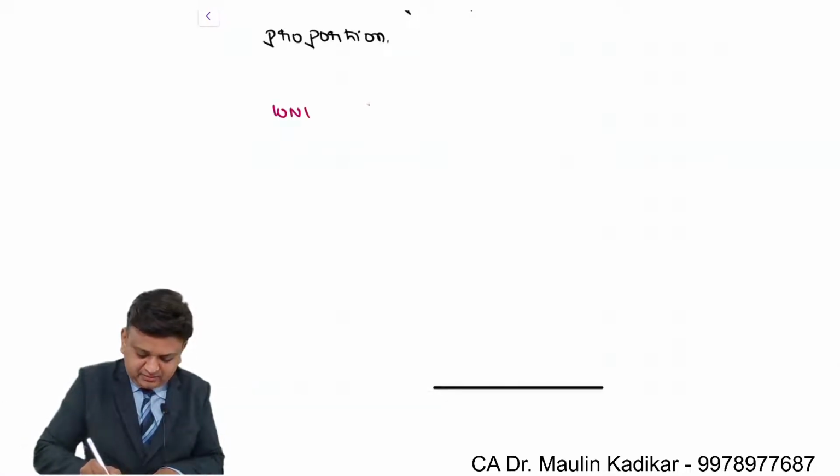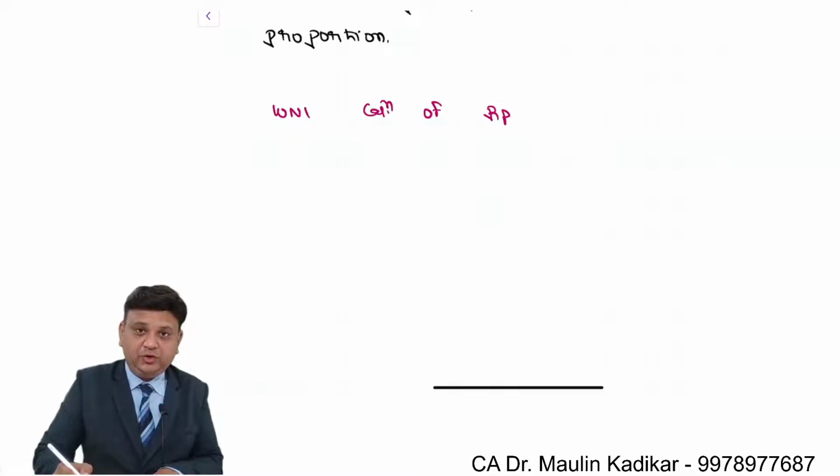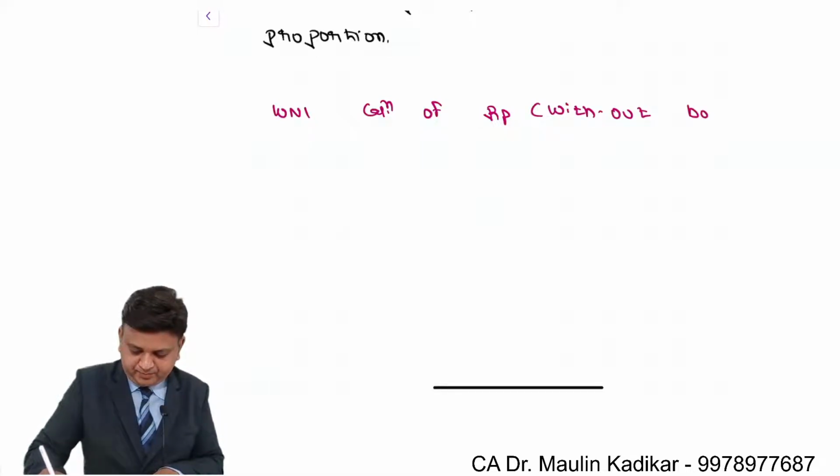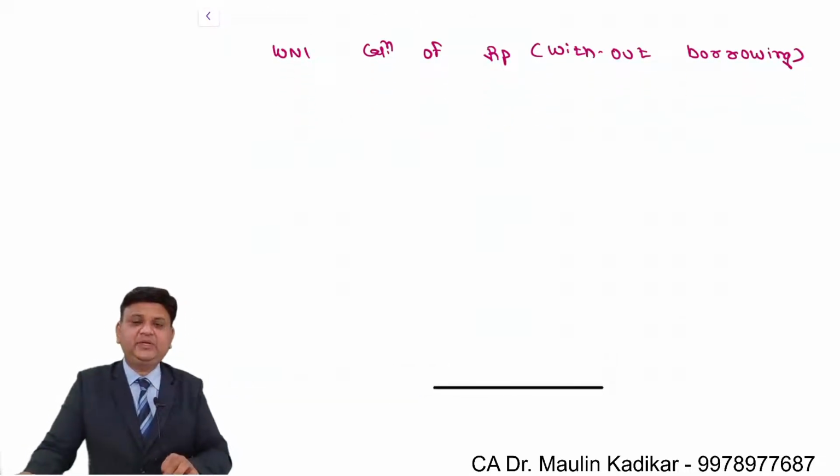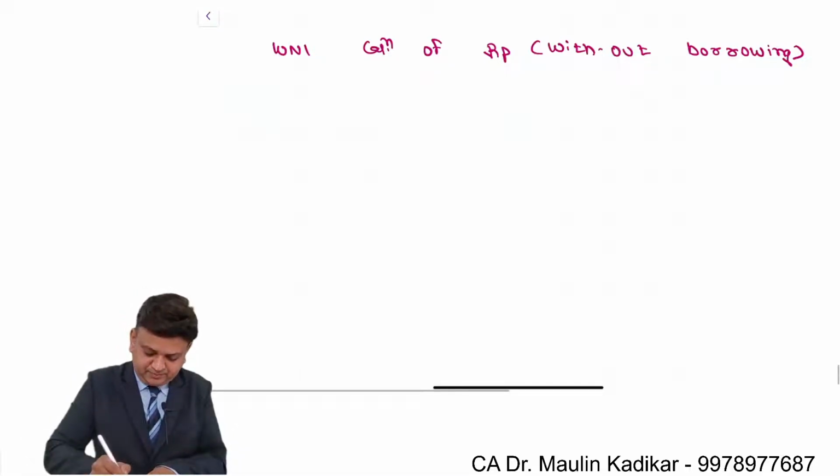Working note number 1, calculation of return of portfolio, in brackets, without borrowing. So we'll prepare the working note for that, 8.67% first of all.